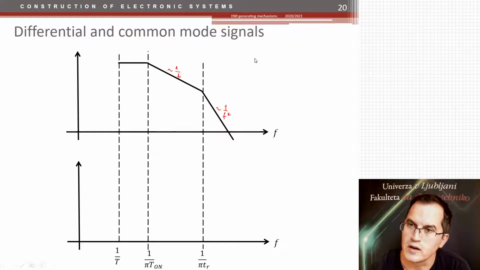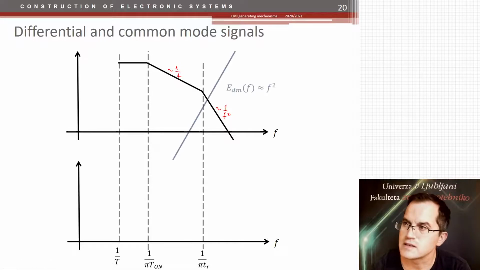So if I now put the frequency dependence of the differential mode signal, as you can check before, it's f squared. So the differential mode electric field at a certain distance would rise with the square of the frequency.